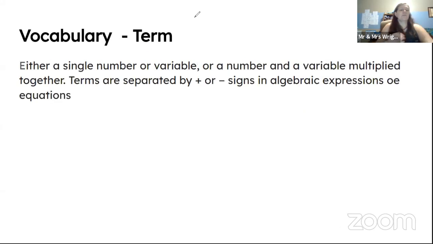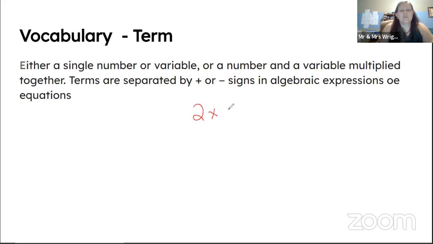Our next vocabulary word is the word term. When we have equations or expressions, we have terms. Let's look at the expression we've been using so far, 2x plus 3. There are 2 terms in this expression, okay?